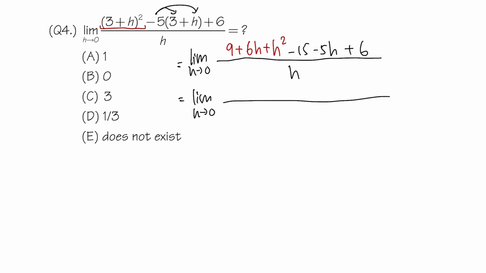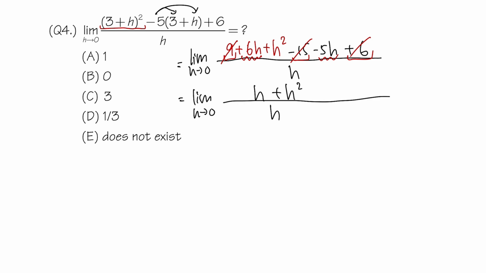On the top, we can simplify a little bit, because 9 minus 15 is negative 6, and along with this 6, they all cancel out to be 0. That's pretty nice. And you see that we have the 6h minus 5h, so together we have an h, and then plus h squared over h.